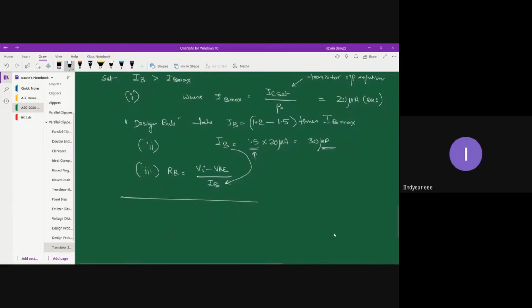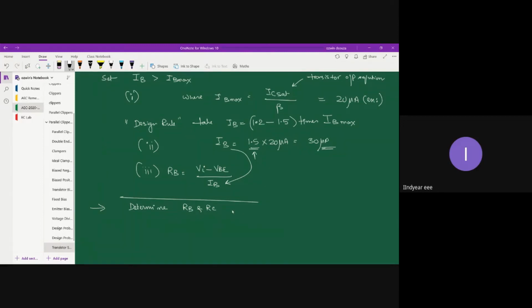Fine. Now let us solve one design problem. Take down. For the transistor inverter shown below, determine RB and RC. So you need to design the values of RB and RC.